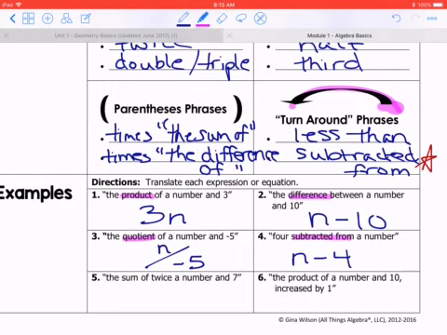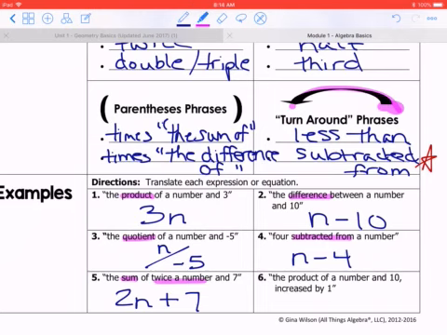The sum, okay, so we have the sum of twice a number and 7. It's the sum, so we're going to be adding 2 things together, and it's twice a number, so that would be 2n plus, that's where the sum is, 7. The and word lets you kind of know what you're adding, so I'm adding the sum of twice a number and 7, so you can get your 2 terms.